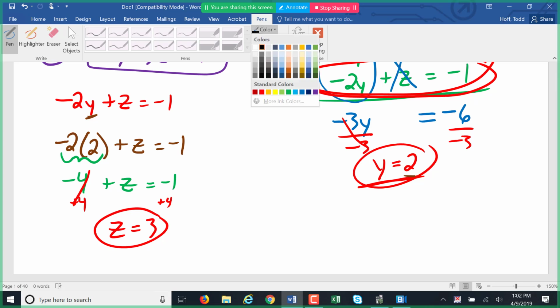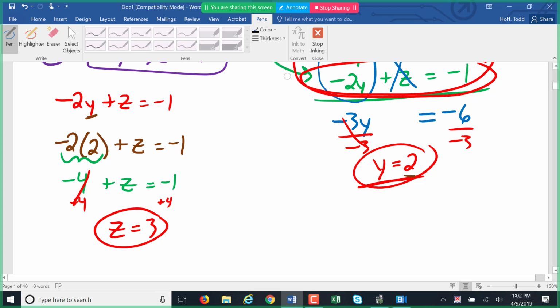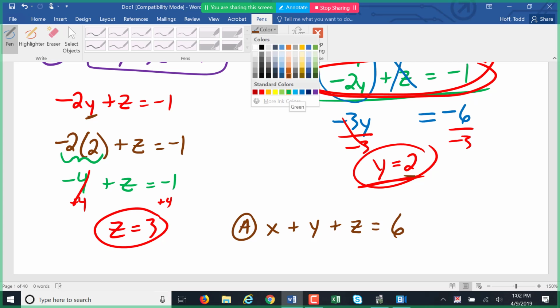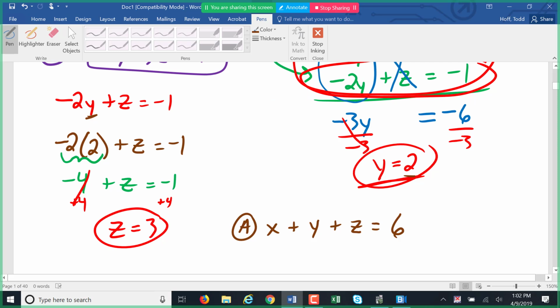Now we got to find x. To find x, we go back to one of the original equations. I'm going to go back to equation A, the top one, which was x plus y plus z equals 6. And now I know y equals 2. So x plus 2. And z equals 3. So plus 3 equals 6.